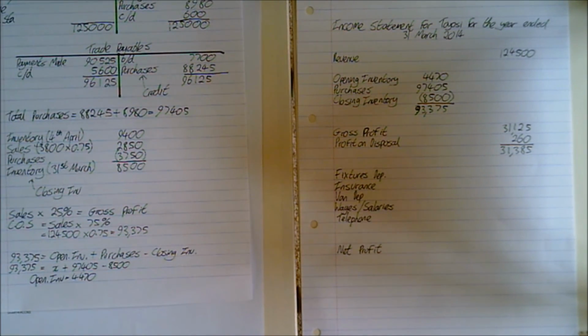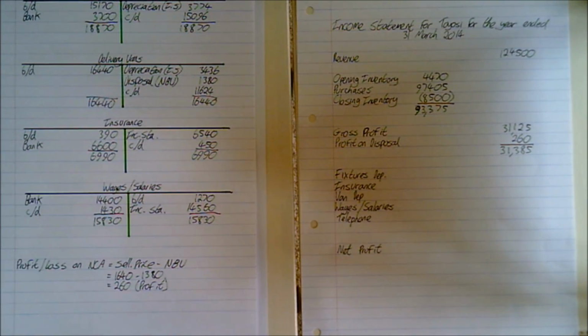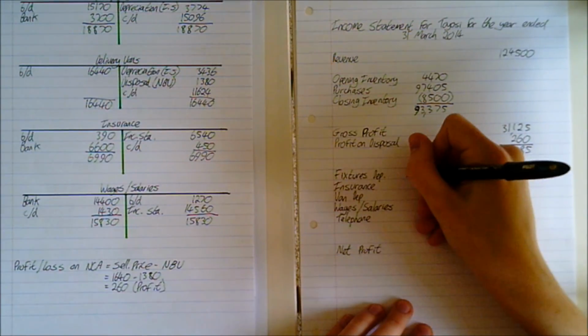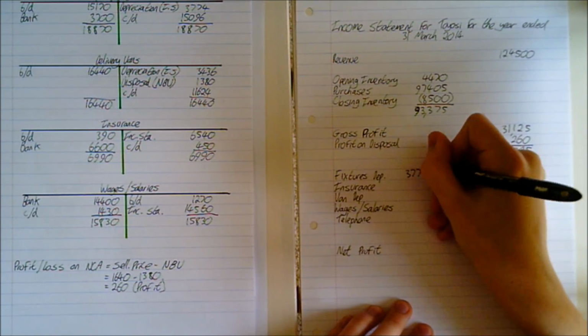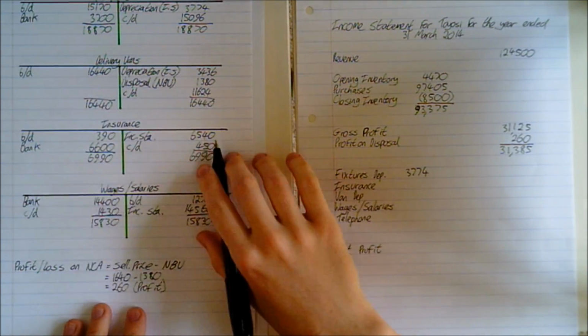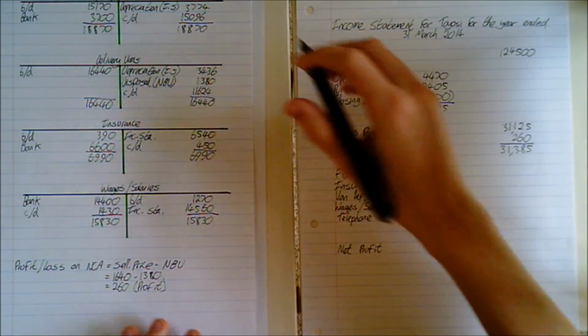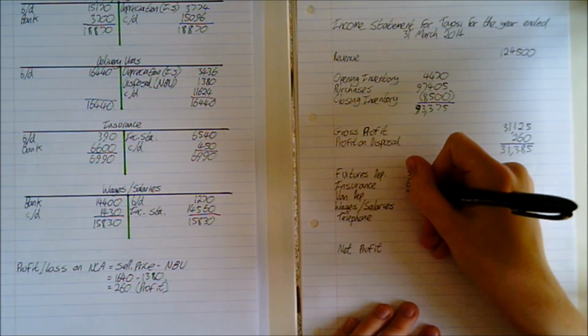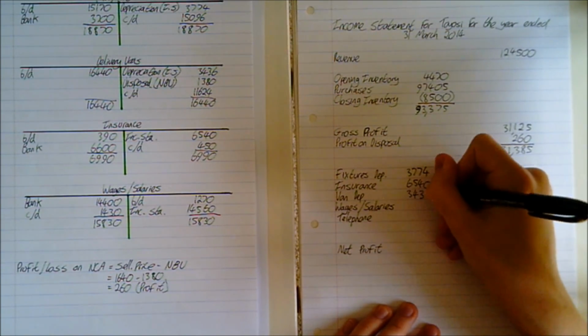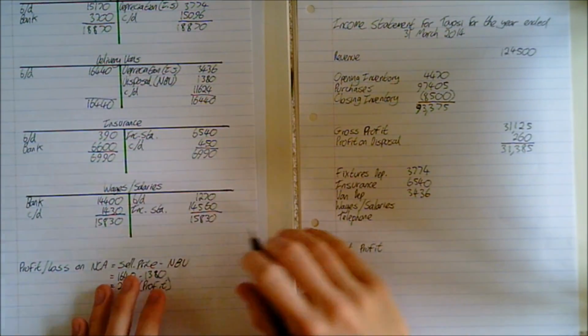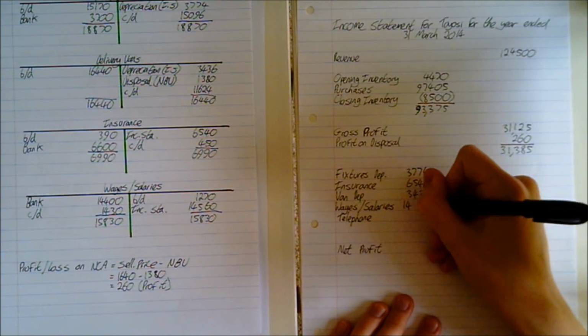So now I'm just going to basically fly through these T accounts and put in my income statement expense figures. So, fixture depreciation, 3,774. Insurance income statement figure, 6,540. Van depreciation, 3,436. Wages and salaries, 14,560.